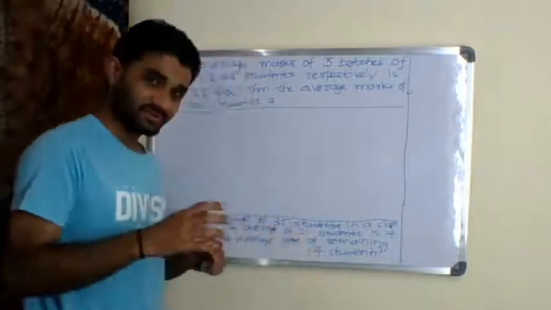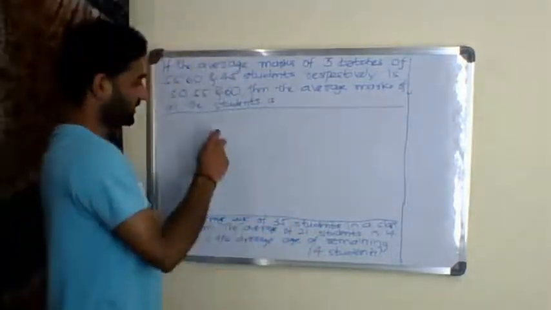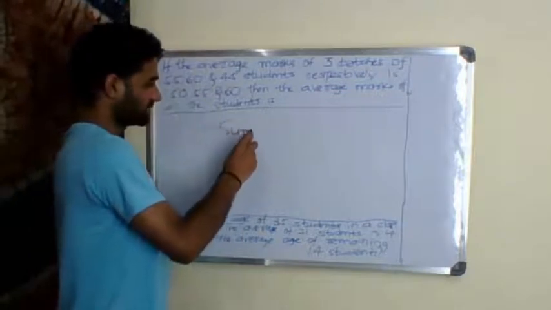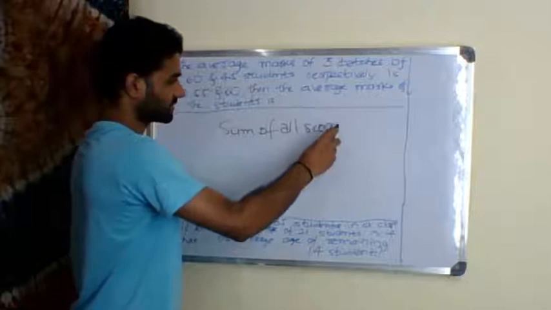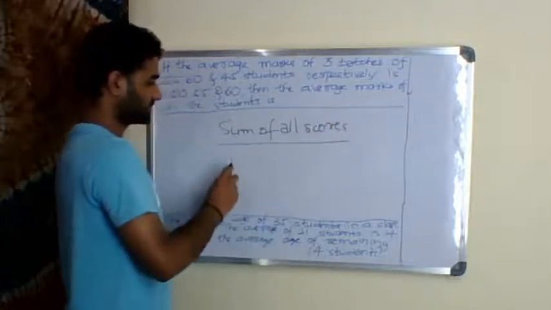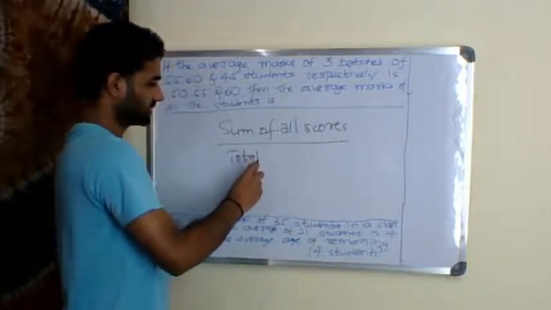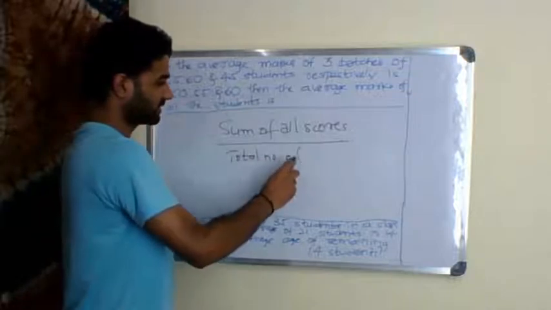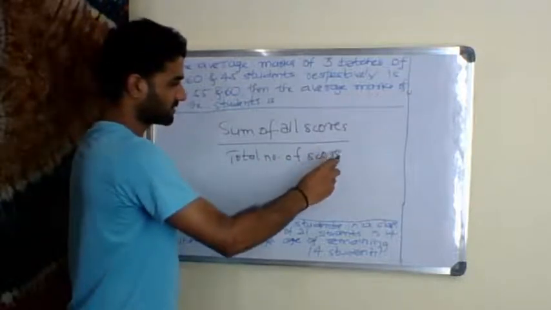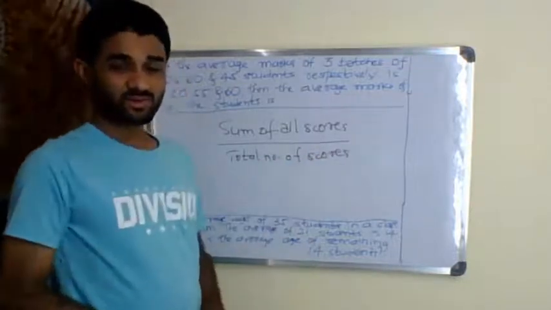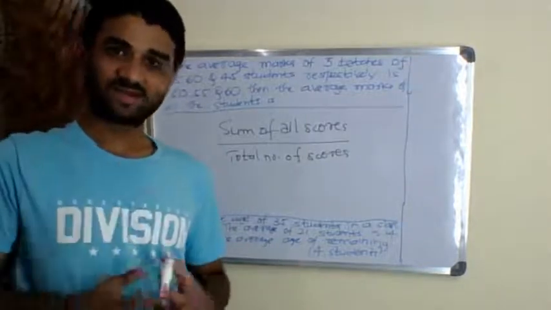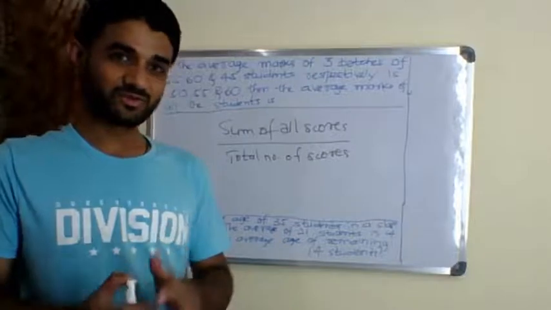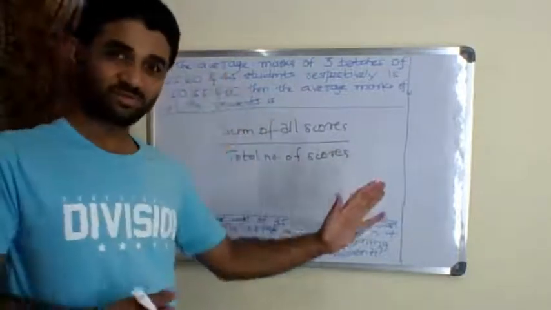So friends, average is the sum of all scores divided by the total number of scores. This is the only formula, the only basic principle, that we will use to solve any problem on averages.